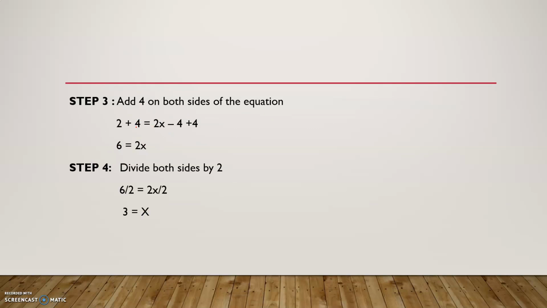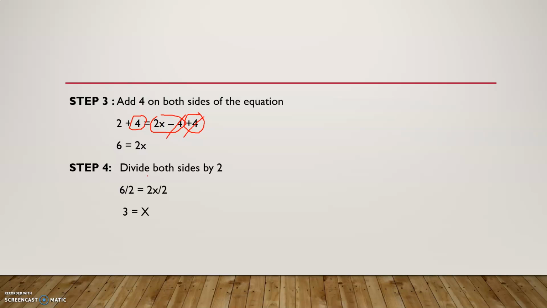So 2 plus 4, this is the new addition, equals 2x minus 4, which is the original equation, and then the new addition, which is plus 4. If we rearrange this equation, on the left side we get 2 plus 4 is 6, and we can cancel out this 4 with this 4. So we are left with only 2x.